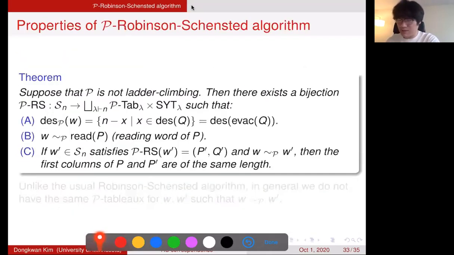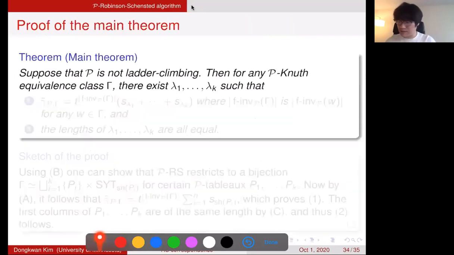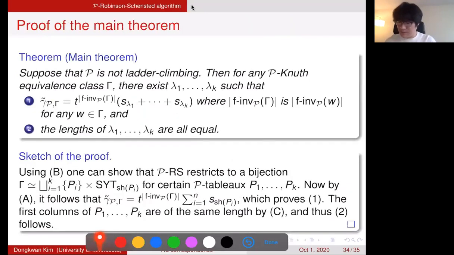So they correspond to the same reading word, and then you take this descent, and this is a bijection. So for each p-tableau, you need to enumerate all the possible standard Young tableaux. And then if you collect the descent and take the fundamental quasi-symmetric function, it's known that it's a Schur function, like the usual Robinson-Schensted. So that is the reason it is true.